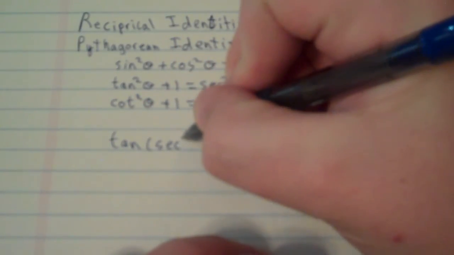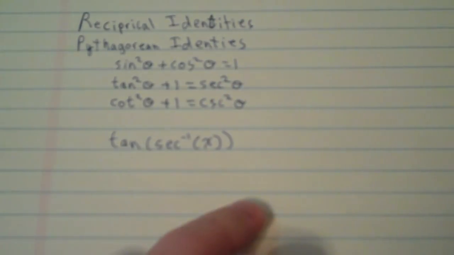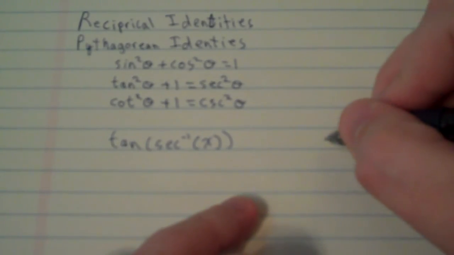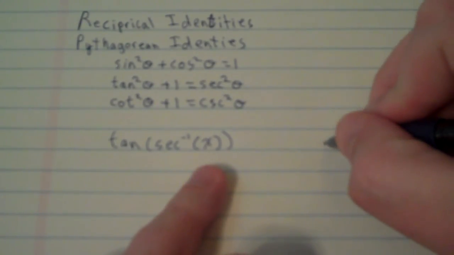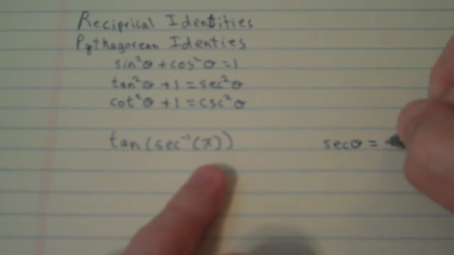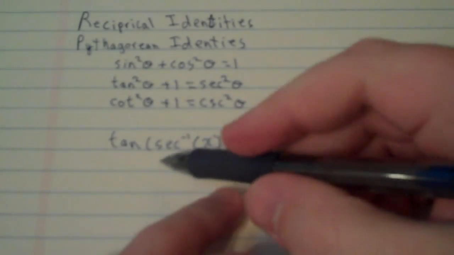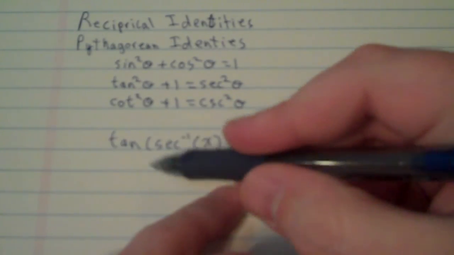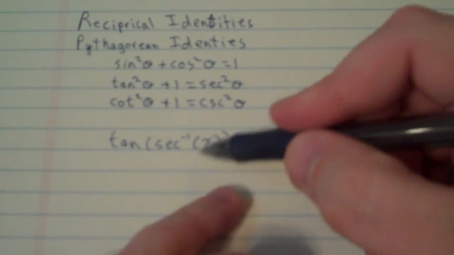Tangent of secant inverse of x. And we want to simplify that down. I'm going to start off here with pointing out that the secant of theta equals x. That's what this statement here means.